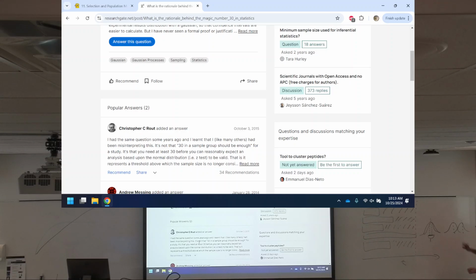If you look at the plot of p-values in all science papers, here's 0.05, here's higher, here's lower.